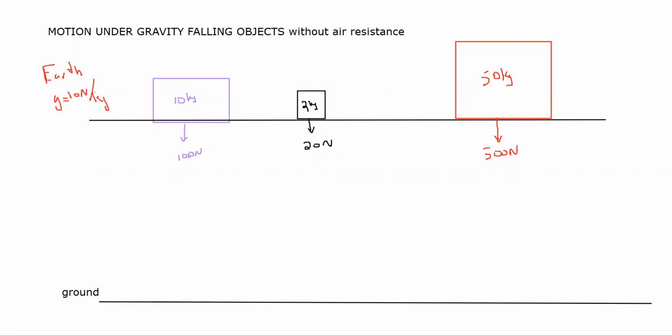The question is, these objects drop from the same height, objects A, B and C. Which object will hit the ground first, A, B or C?